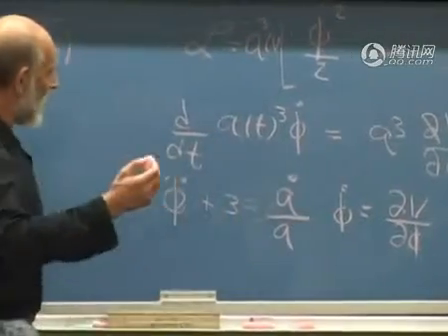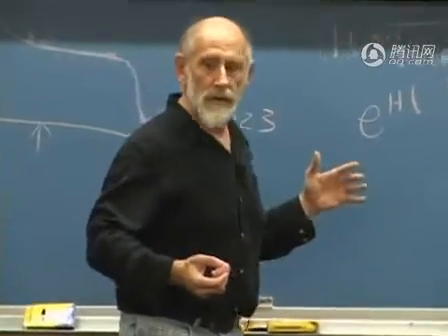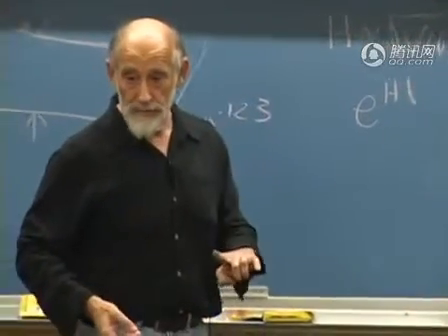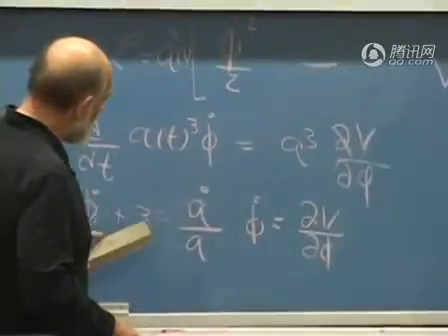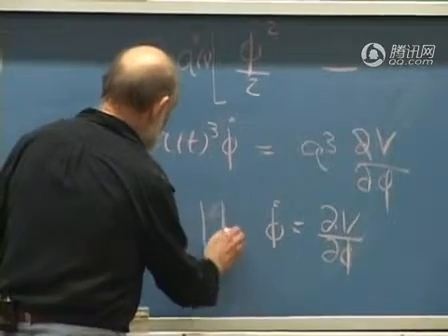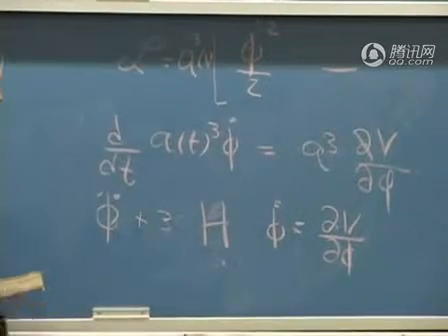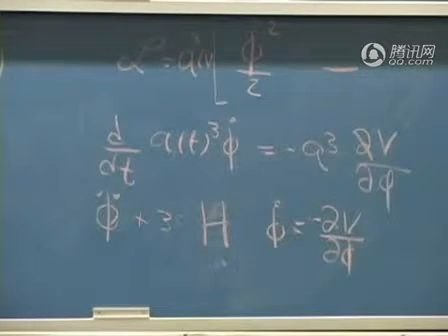What's a dot over a? It's another name for it. Not the square root of H, it's H. Right. Just H. So this is the Hubble constant. Now, oh, this is minus. There should be a minus here. Minus dV d phi. Yeah, minus dV d phi. Force is proportional to minus the derivative of the potential energy.